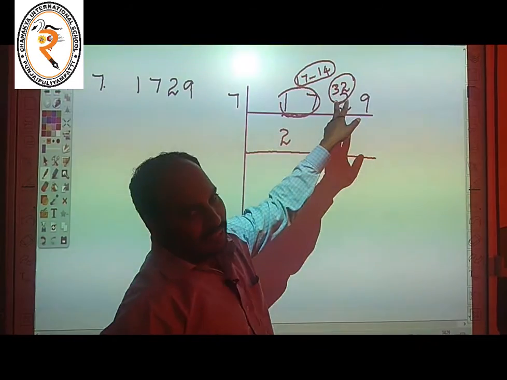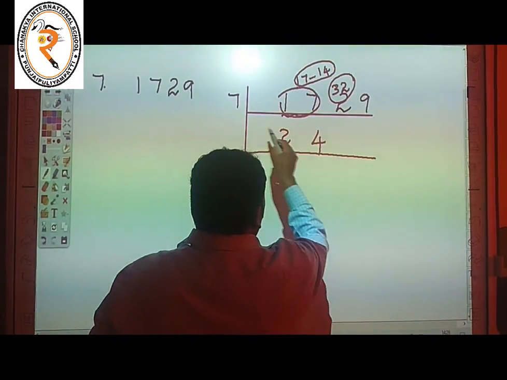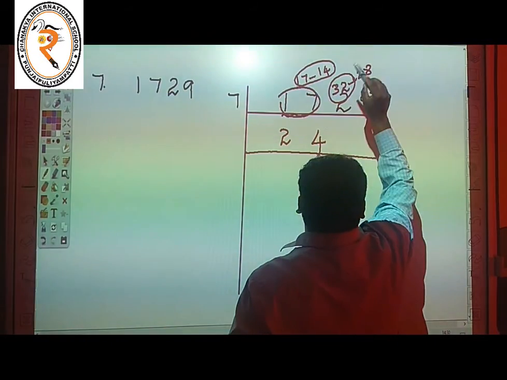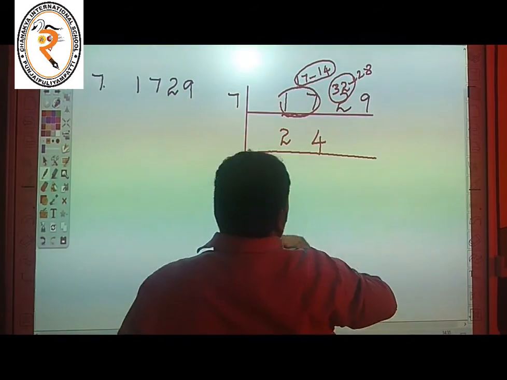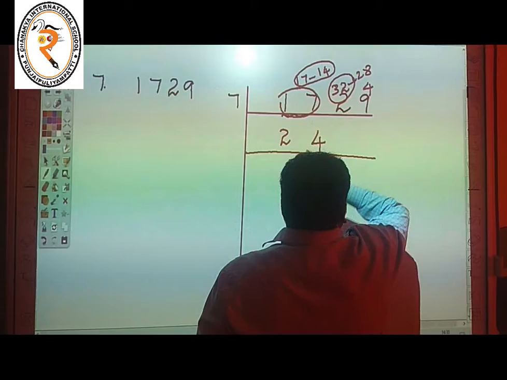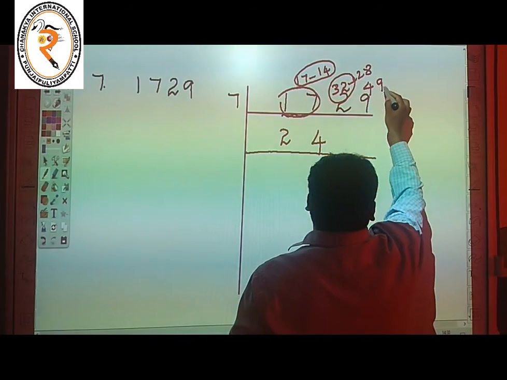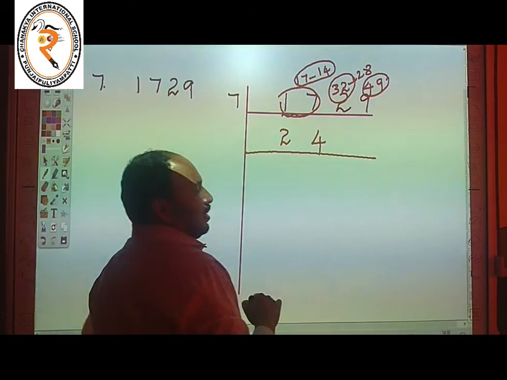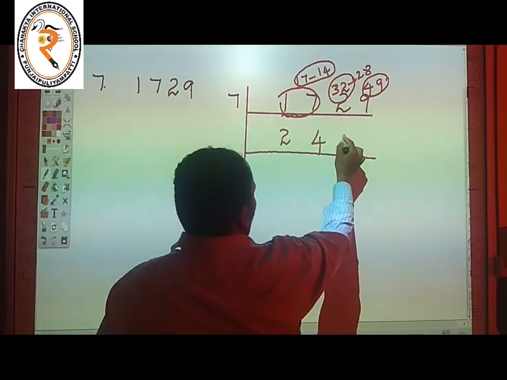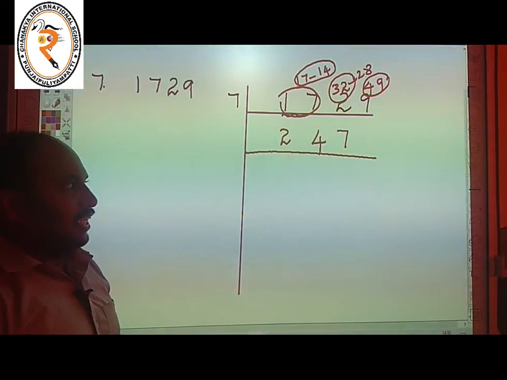So 4 sevens are 28. 32 minus 28 is equal to 4. Here 9 having. The number is 49. 7 sevens are 49. 7 into 7 is equal to 49.